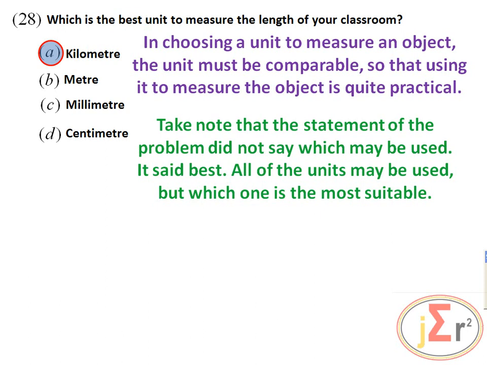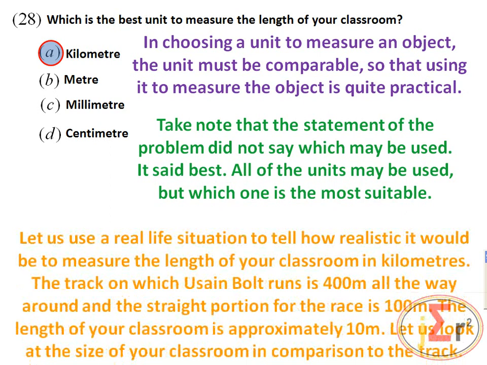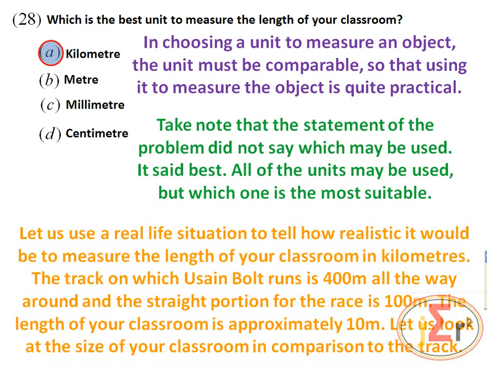How does a kilometer compare to the length of your classroom? We will take a look at the length of your classroom and compare it to a kilometer. What do we know that a kilometer is equal to? Let us use a real-life situation to tell how realistic it would be to measure the length of your classroom in kilometers.